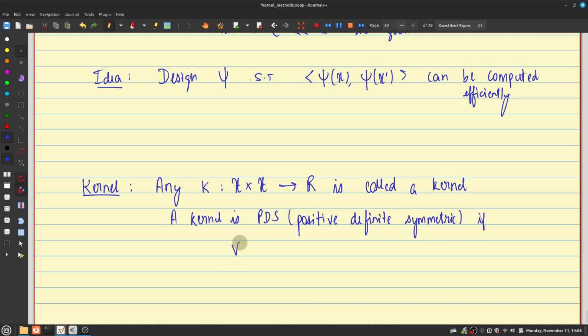So you take any set of M vectors and you form the following kernel matrix. It's called a kernel or a gram matrix.